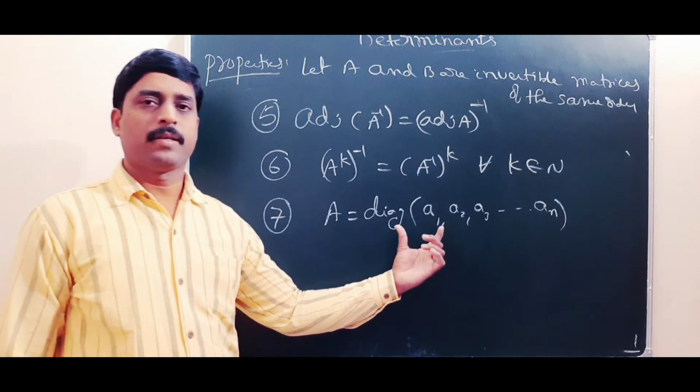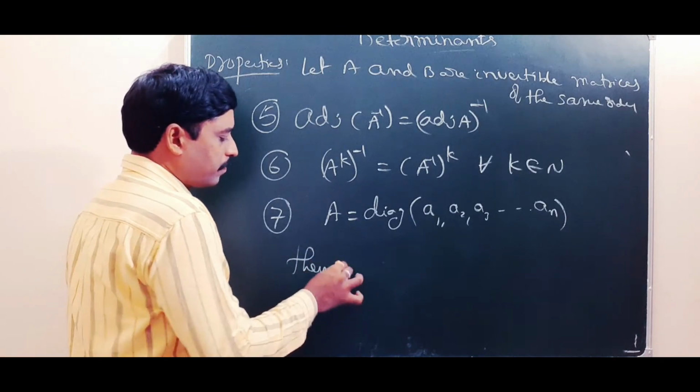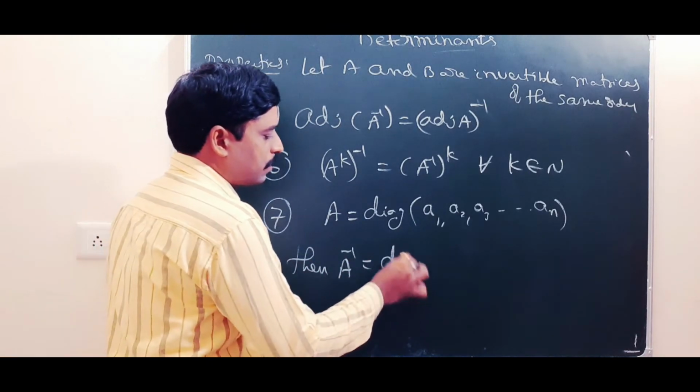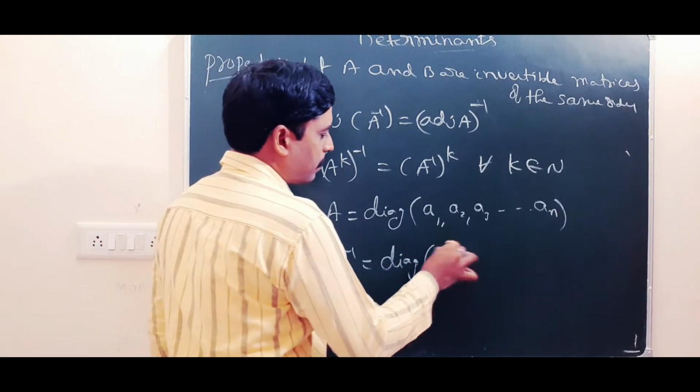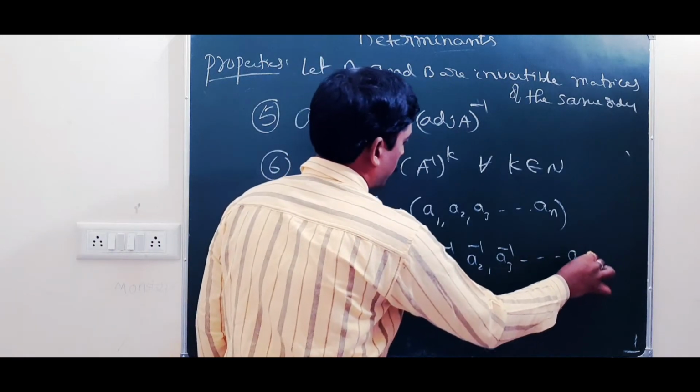So if A is a diagonal matrix, then A inverse is diagonal of A1 inverse, A2 inverse, A3 inverse and so on up to AN inverse.